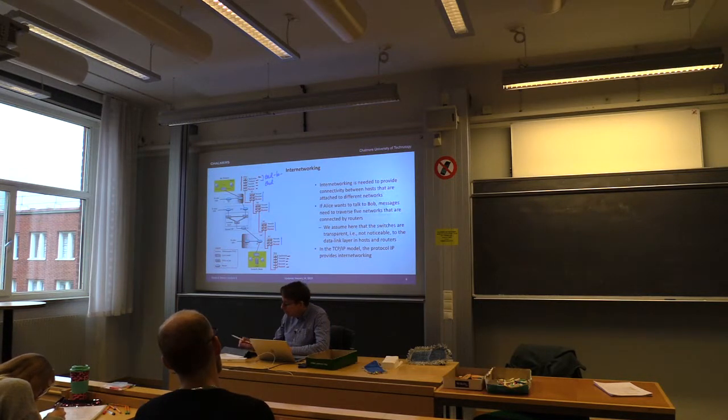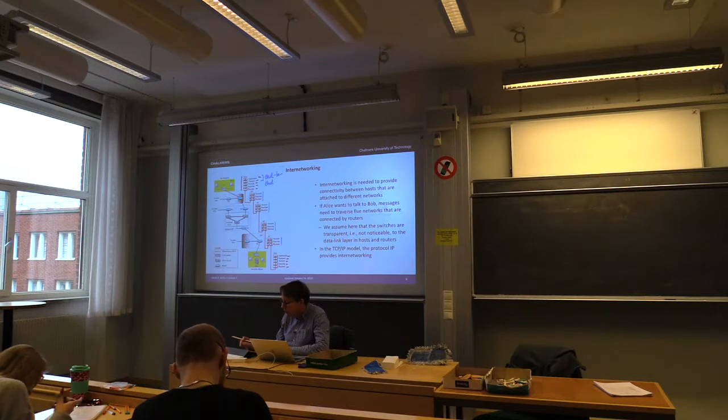Okay. Another way to illustrate this is to think of Alice on the top here and Bob on top of this. A more abstract view of this is basically that we have a network that connects Alice with router number 2.